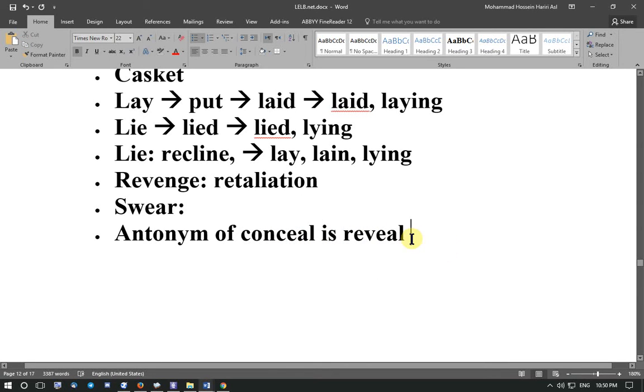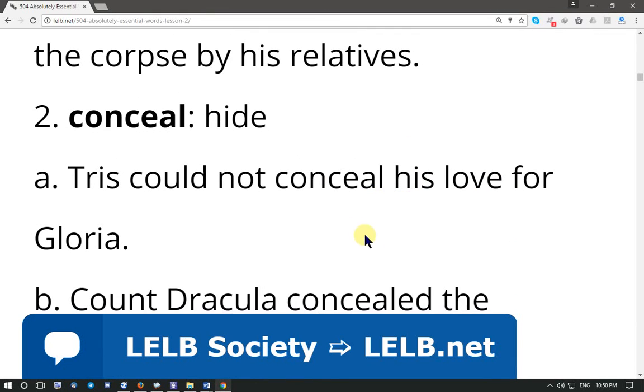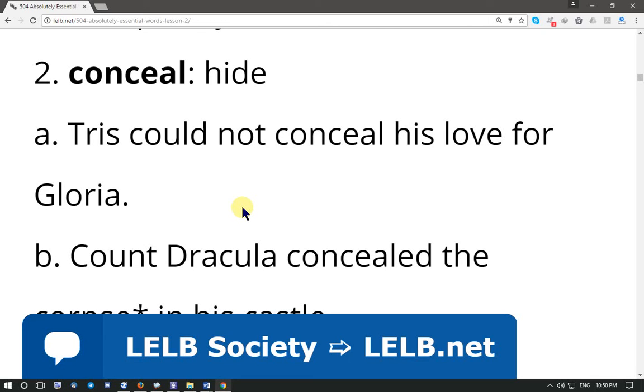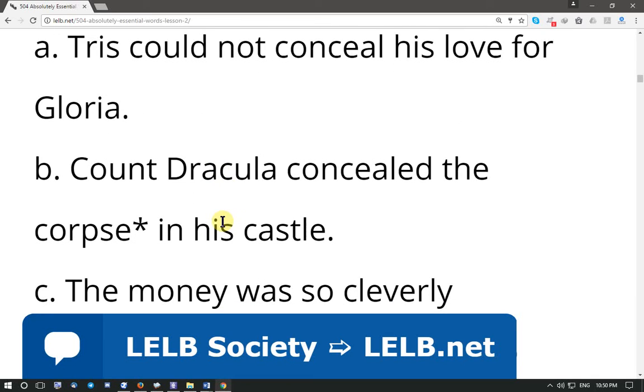Okay, means hide. Tris could not conceal his love for Gloria, so he could not just hide it. So he was so passionate about Gloria, and he was in love with Gloria. Sentence B.